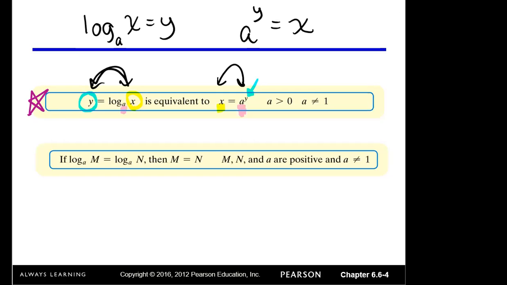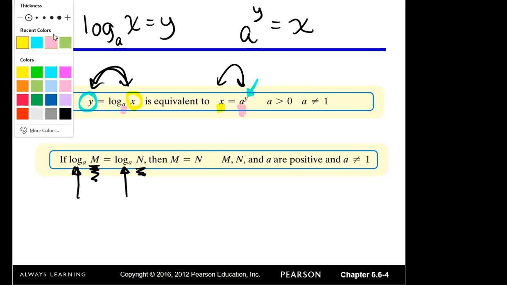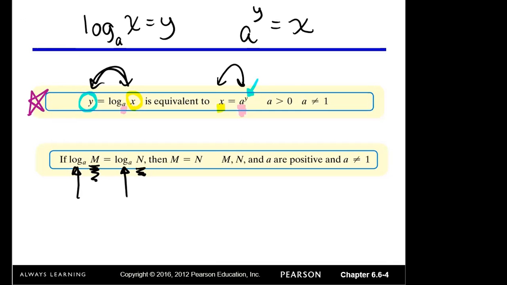And then the first type of logarithmic equation is if you have the log of something equals the log of something else, and both of those have the same base, it's log base a and log base a, you can literally just drop the log base a and you're just left with m equals n.